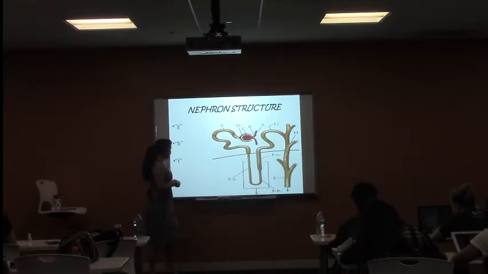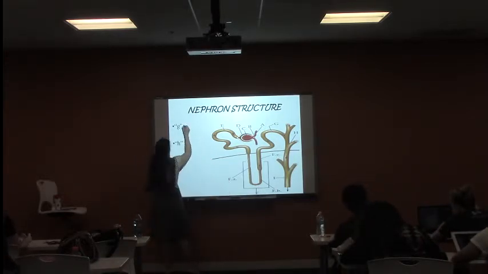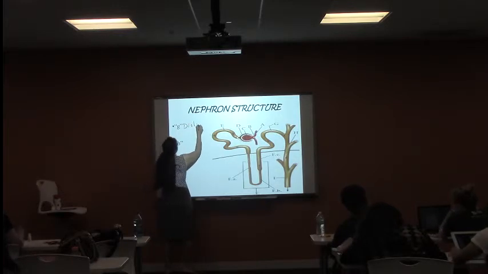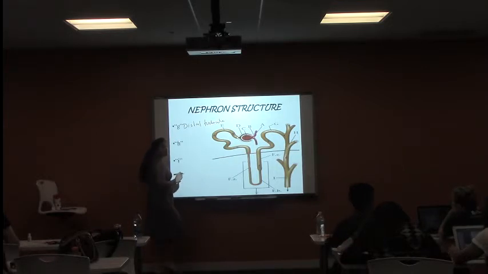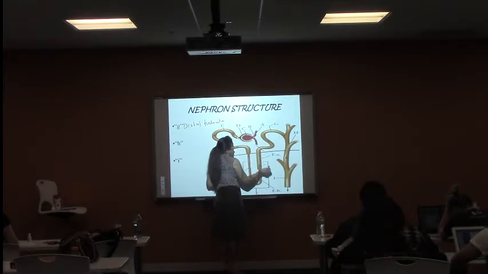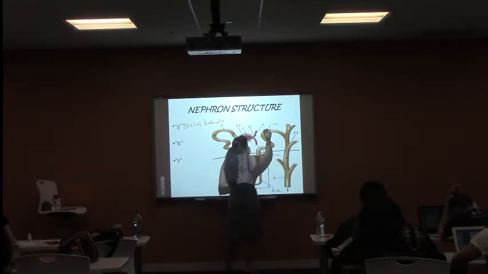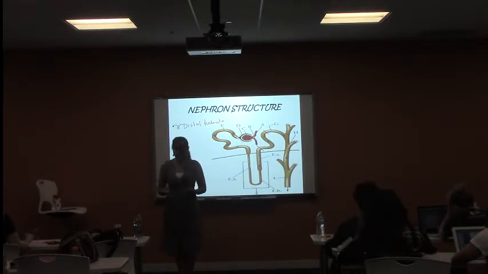Now G is distal tubule. Now distal tubule again has two distinct segments. So from this segment to basically here is called the distal convoluted tubule.